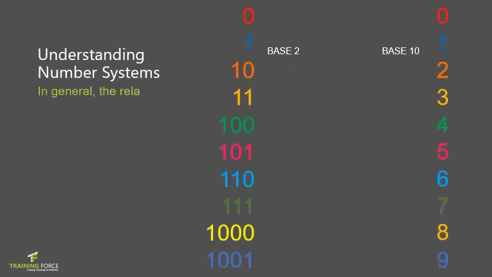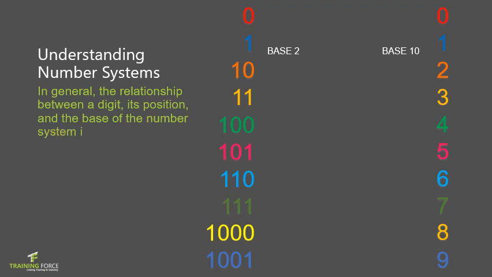In general, the relationship between a digit, its position, and the base of the number system is expressed by the following formula: the digit multiplied by the base position number. As the numbers move up to the left, the alternative binary digit is used, thus creating the 0 to 9 in binary digits. A 0 is a 0 in binary, a 1 is a 1 in binary.